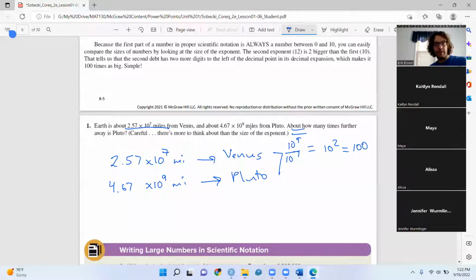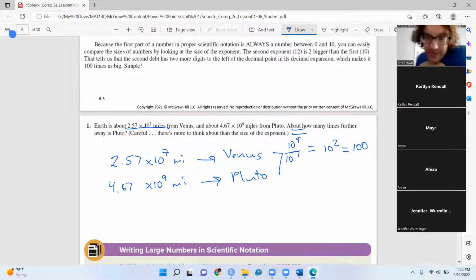But then if we look at these numbers, if I multiplied this 2 by 2, I'd get 4. So it's really about 200 times difference. Although we could round this to a 3 and this to a 5, and then it's a worse number, 3/5 times 100.